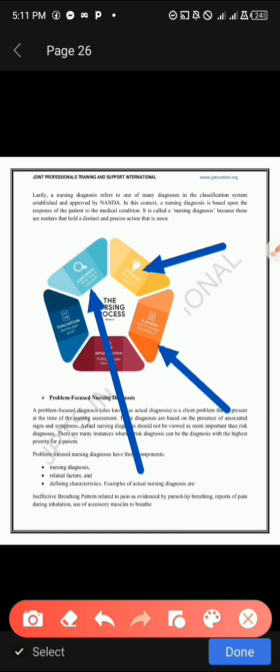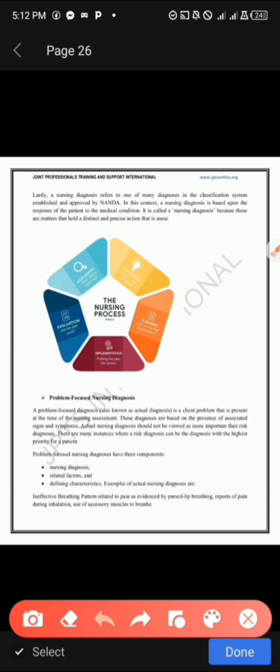The nurse needs to plan in terms of booking appointments. There are some drugs that you need to take for six hours, that is in terms of monitoring, planning. The other one, implementation. You need to implement. The other one also, evaluation. Ask questions to know how the patient feels.